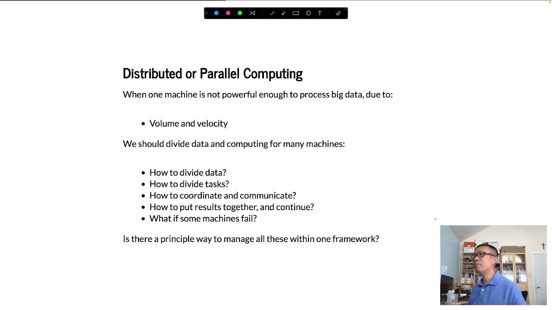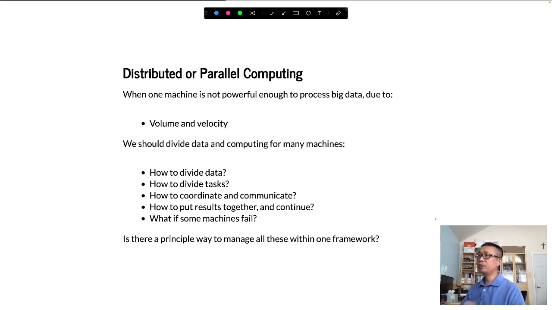So we know one machine is normally not powerful enough to process big data, and we need more machines, more CPUs, more GPUs, right? But with more, we also need to find a way to divide data and computing for the many machines, for the many computing cores.